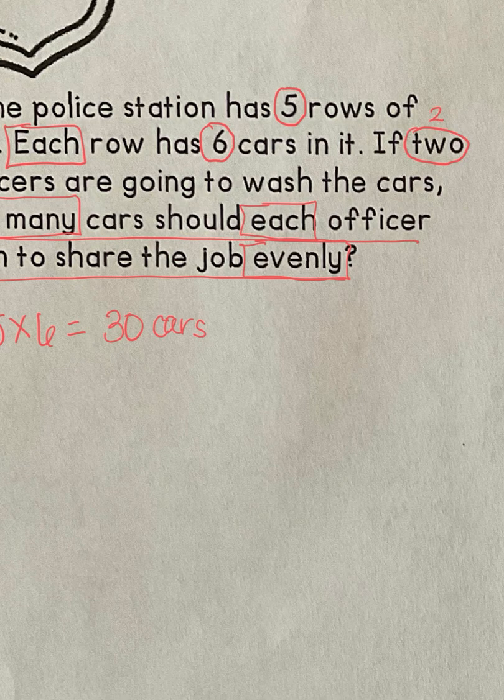Now, if I have 2 officers that are going to wash the cars, how many cars should each officer wash to share the job evenly? So basically, we're splitting 30 cars between 2 officers. And if I'm splitting something, then I am dividing. So we're going to take 30 and divide it by 2. 30 divided by 2 is equal to 15.